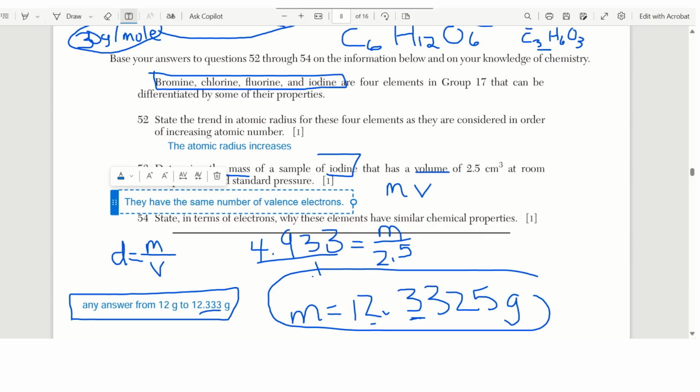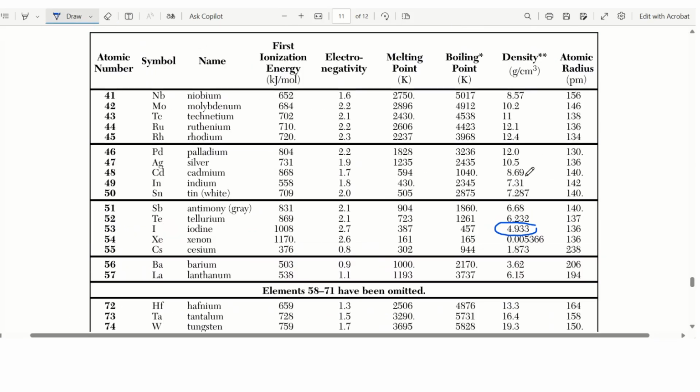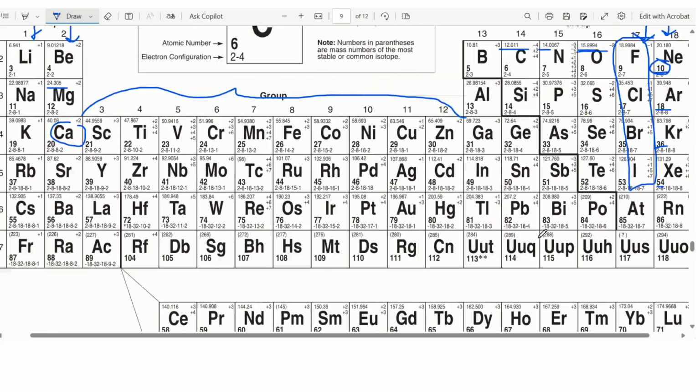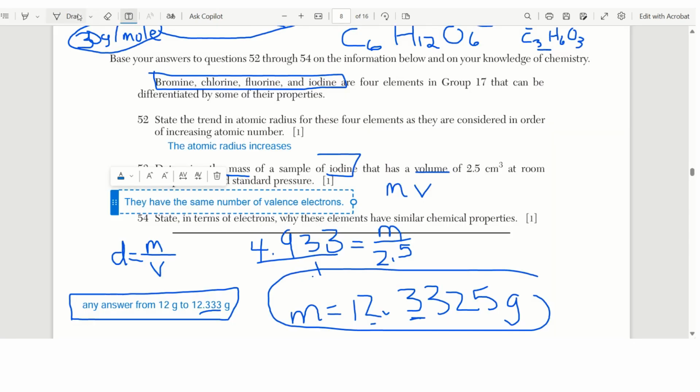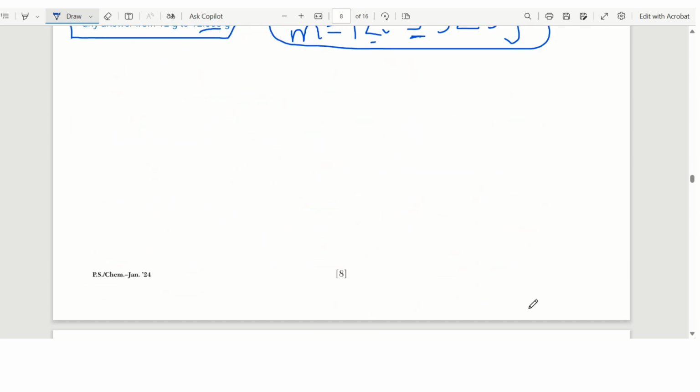If you look at the periodic table, you can see that they all have 7 valence electrons. You cannot simply say that they are in the same group because that does not mention the word electrons. So please, when it says in terms of, say that word in your answer.